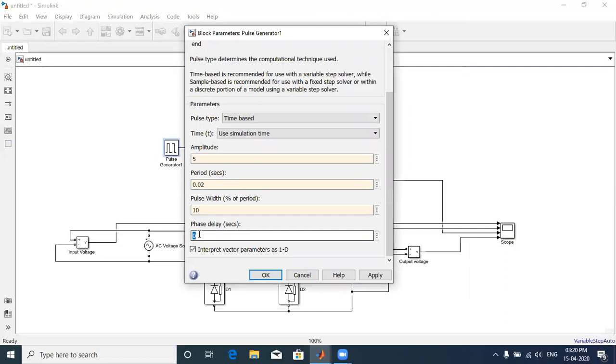So for alpha equal to 60, how will I calculate this phase delay in seconds? For that, we use alpha divided by 360 into time period, that is 0.02. So phase delay can be calculated as 60 by 360 into 0.02, which will be 0.0033, and apply.